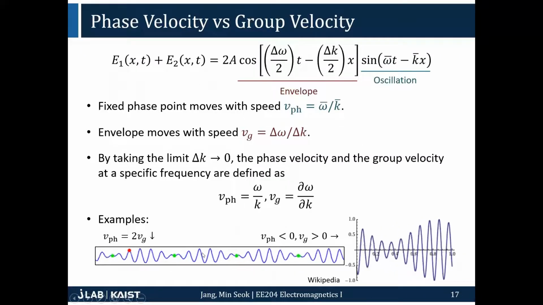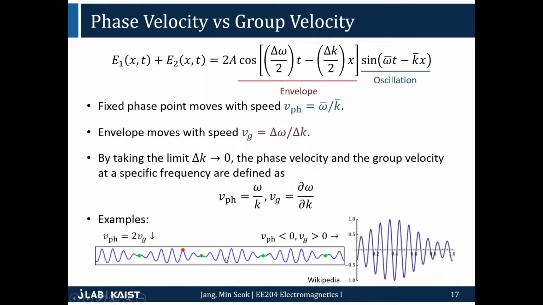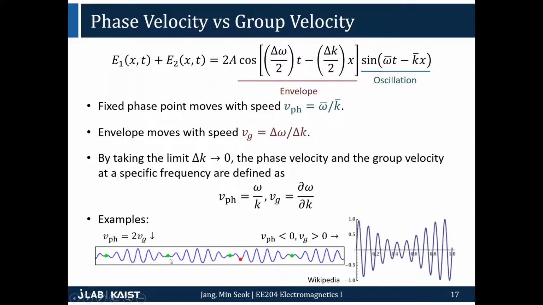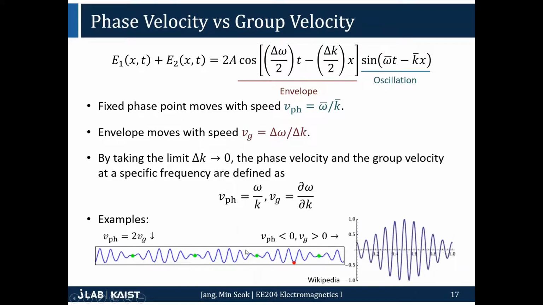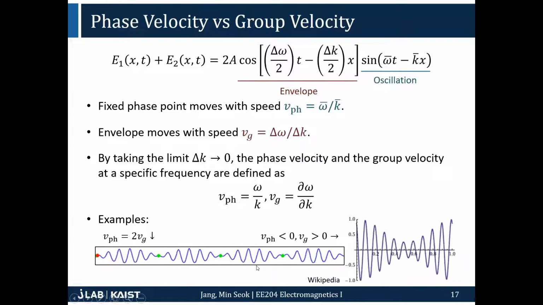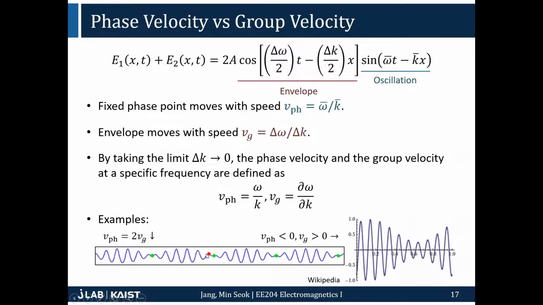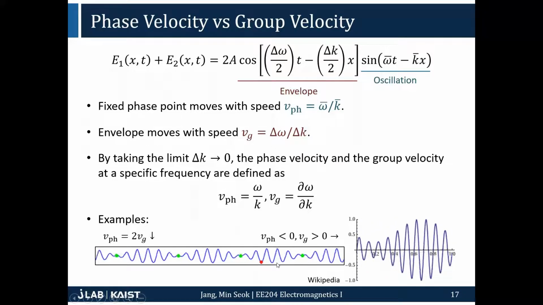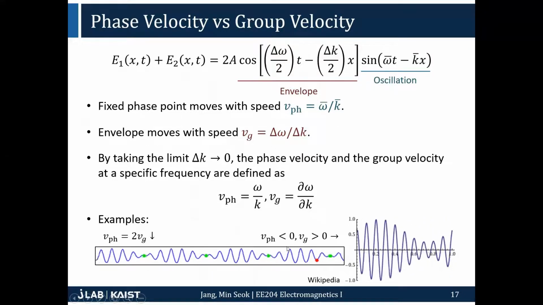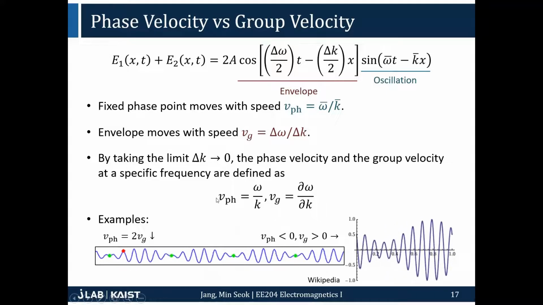In the GIF animations, the group velocity, the speed at which the group moves as a function of time, can be very different from the phase velocity, the speed of a given phase point. So these two can be very, very different, okay?